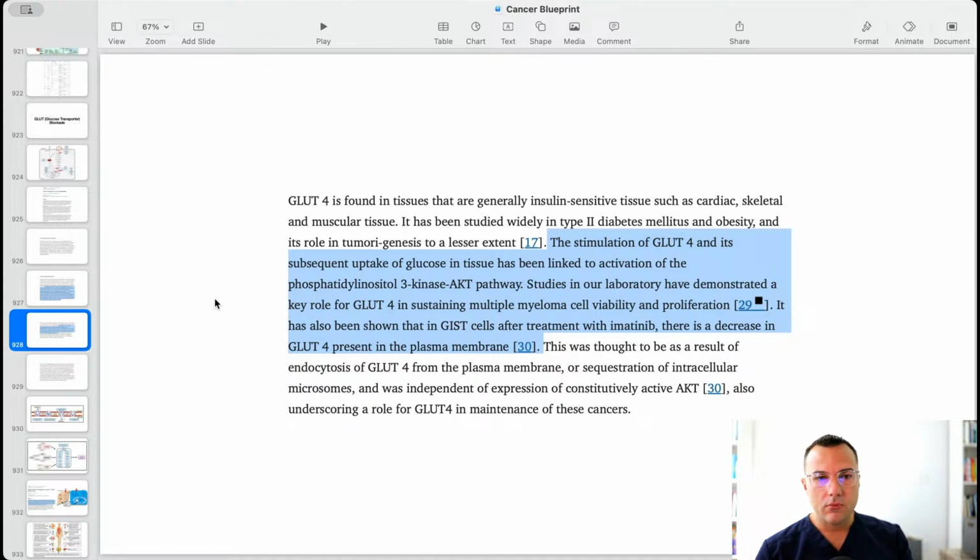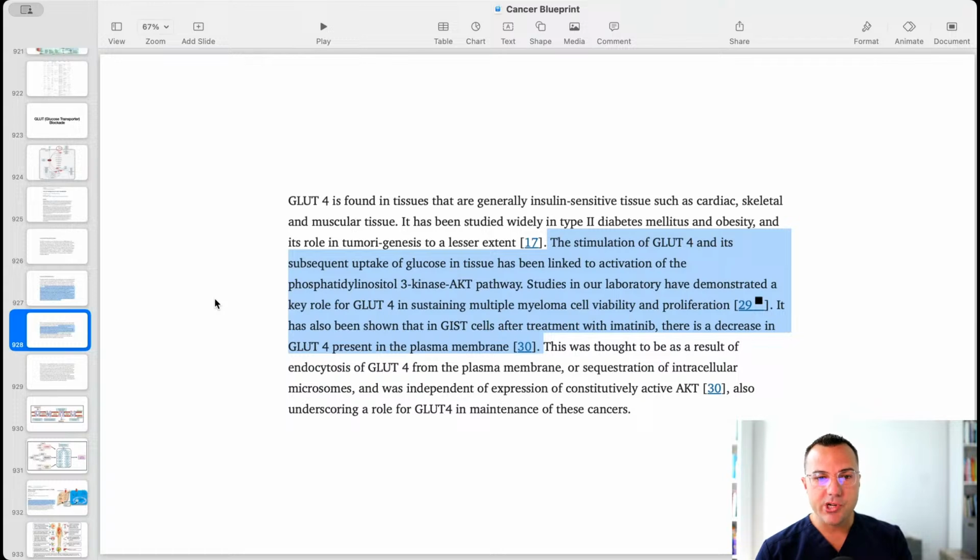GLUT4. So this is talking about the stimulation of GLUT4 and its subsequent uptake of glucose into tissues has been linked to the activation of the PI3K AKT mTOR pathway. Studies in our laboratory have demonstrated a role for GLUT4 in the sustaining of multiple myeloma cell viability and proliferation.